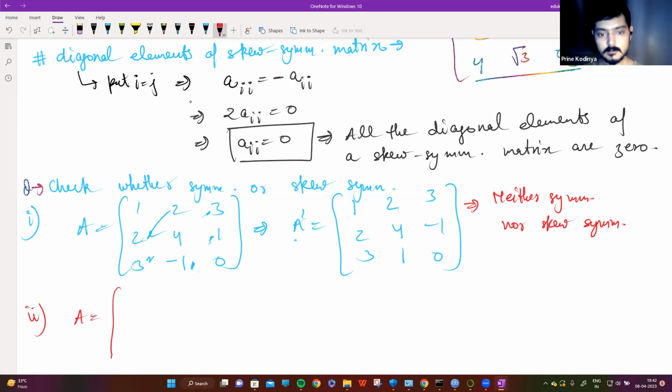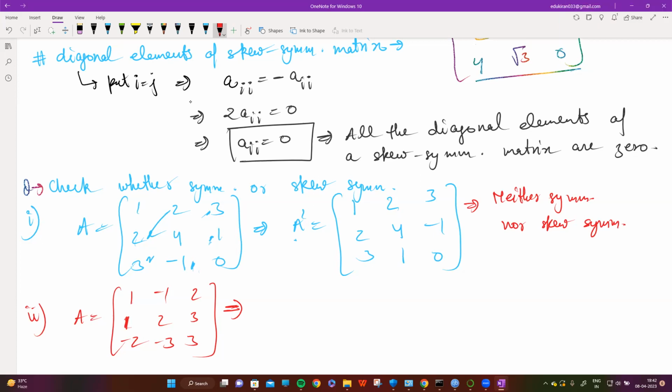Now let's talk about this. Is it symmetric or skew symmetric? Austin, is it symmetric or skew symmetric? It's not symmetric. Okay, what about skew symmetricity?